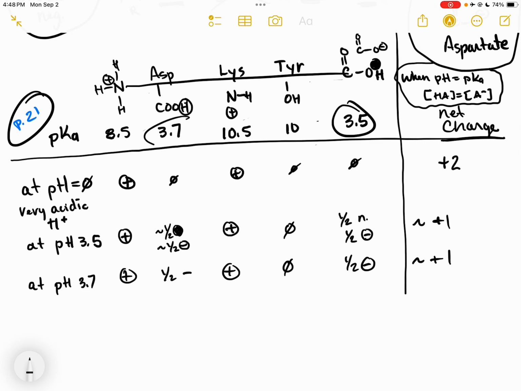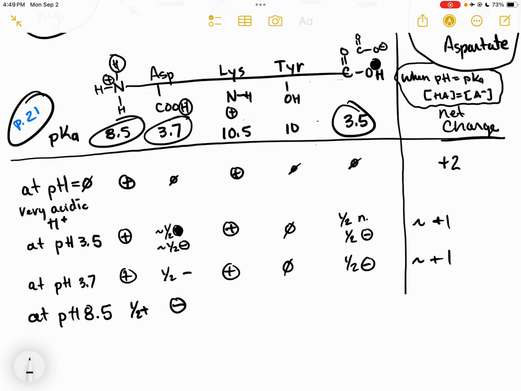Okay, what's our next pKa? We did that one. The next one up is 8.5. So at pH 8.5, now we've added enough base that one of these is coming off, and so half of them will be neutral and half will be plus.